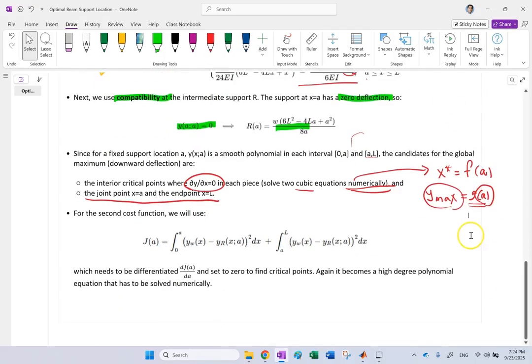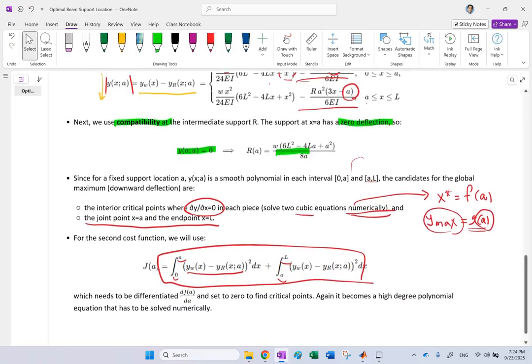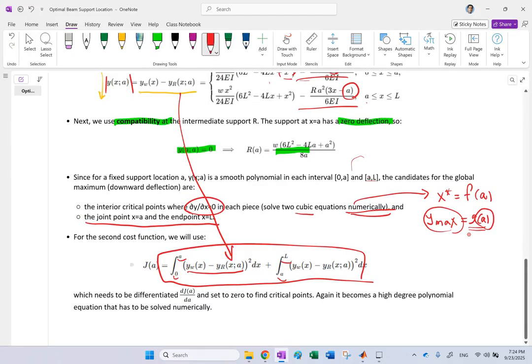The other one is integration. So you basically integrate this total y squared, and you have to integrate it separately between 0 to a and a to L. Again, plugging these functions in will make this J a function of a, and in this case it's an integral, so you should be able to do it. But you need to now take the derivative of this cost function with respect to a and set it to 0.